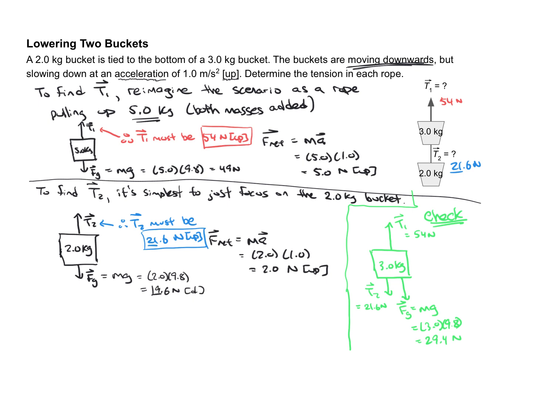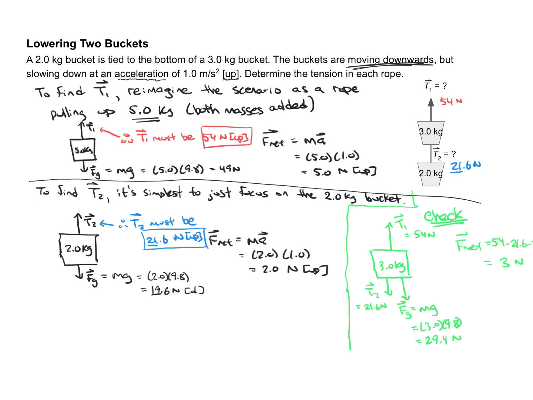And so if you add all these together, we have 54 going up. I'm going to take away 21.6 because it's pulling it down. And we're going to take away a further 29.4 from gravity pulling it down. And when I subtract those, I get 3 newtons.